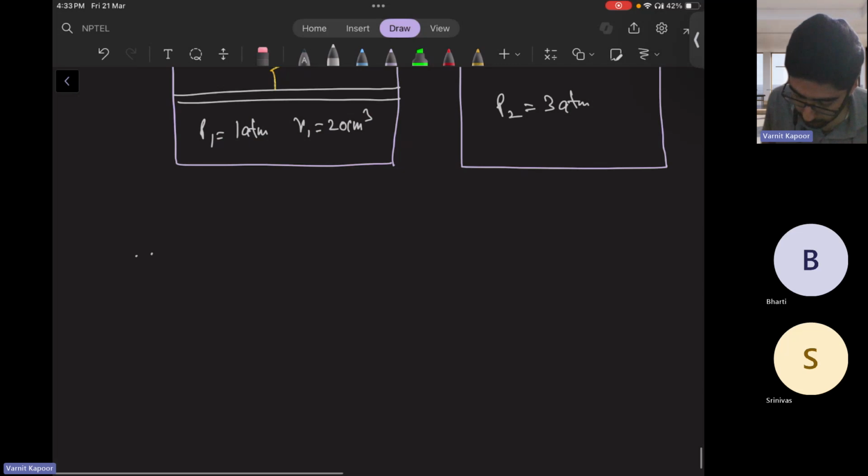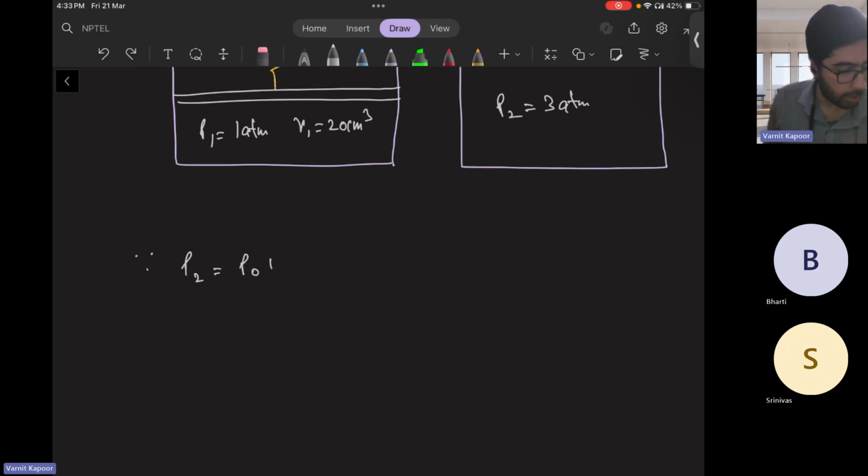So we know that P2 is equal to P of spring plus P naught.